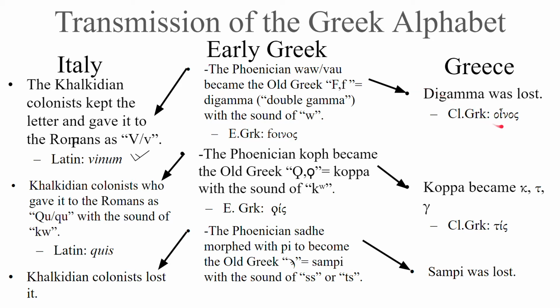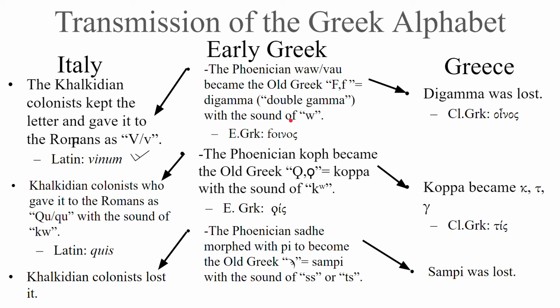So you might not think at first glance that vinum and oinos would be similar, but in the end, they're pretty much the same word. You just have to know that there's a digamma there. That also makes reciting Homeric poetry fun, because Homer had the digamma, but the digamma did not make it in the transliteration of the early Greek into the Greek that we know, the classical Greek.